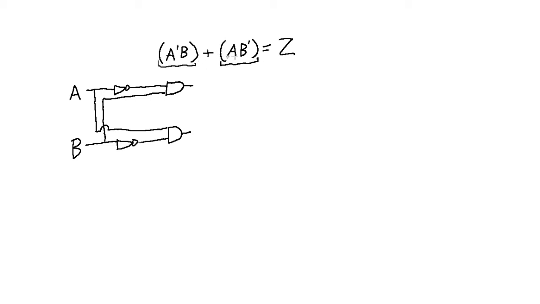The last thing we need to do in order to get Z is OR this term with this term. So what that means is we're going to put a big OR gate here, and we're going to drop these down. And that means our output is Z.